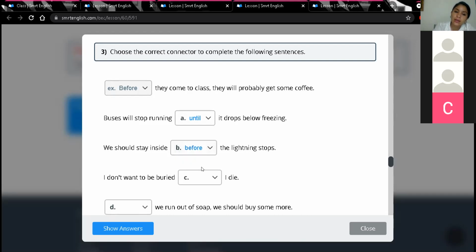Okay, until, no? I think it's until. What are lightings, Alberto? Okay. Yeah, it's until. Lighting is like rayos. So they shouldn't stay inside until it stops. Very good.